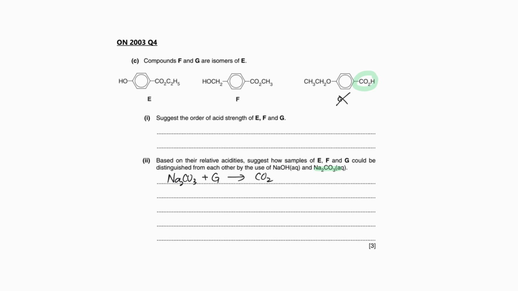So this eliminates G, and we are left with E and F. Next we could make use of NaOH. NaOH can find phenol, as there will be no reaction for alcohol with NaOH. For E, we have E reacting with NaOH, and the observation will be that phenol, which is E, dissolves in NaOH.